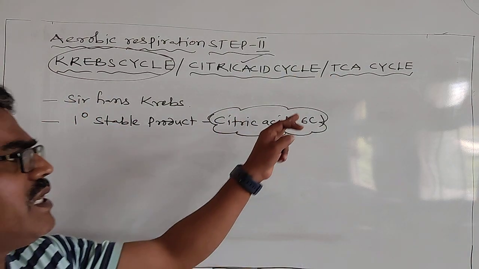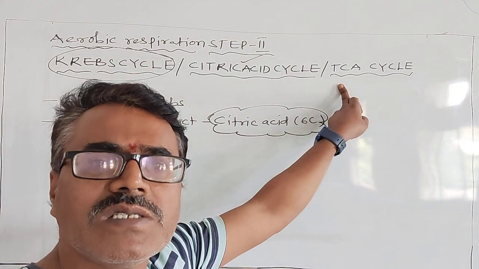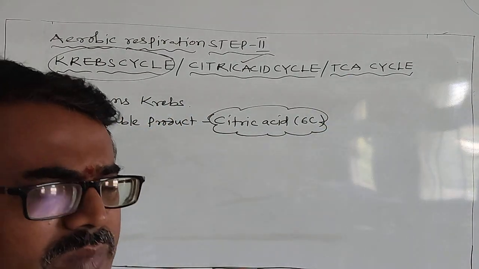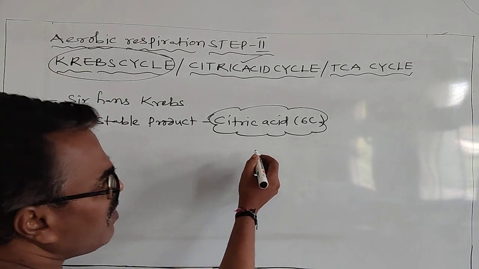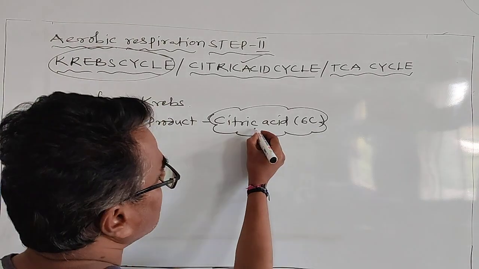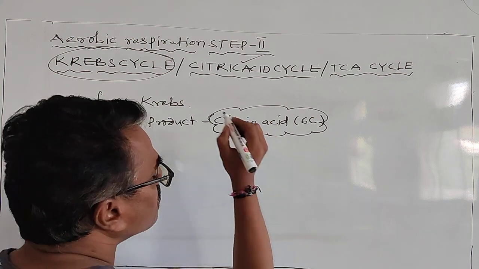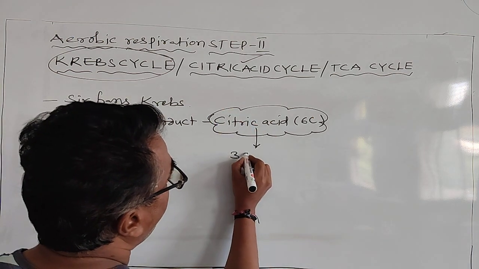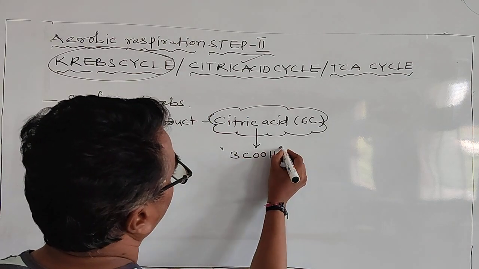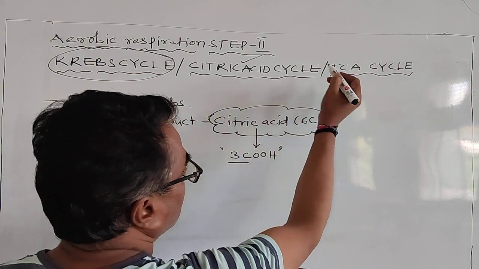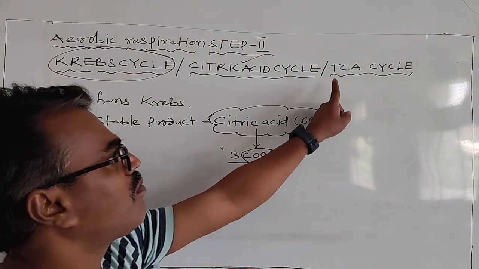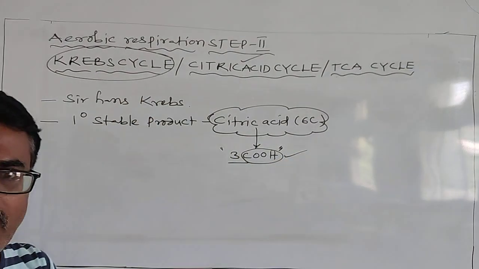It is also known as the tricarboxylic acid cycle, because the primary stable product, citric acid, is composed of 3 carboxylic groups. So 3 means tricarboxylic.